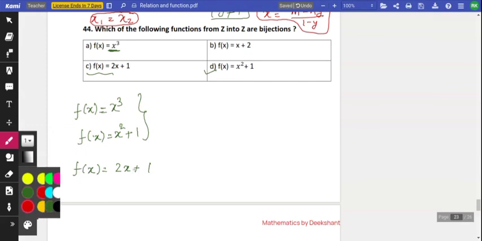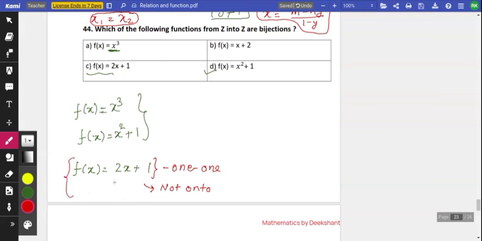Basically if we take x1 is equal to x2, then this function is 1-1, but this function is not onto. So the given function in option C is not the right answer. Let us take option B. f(x) is equal to x plus 2.